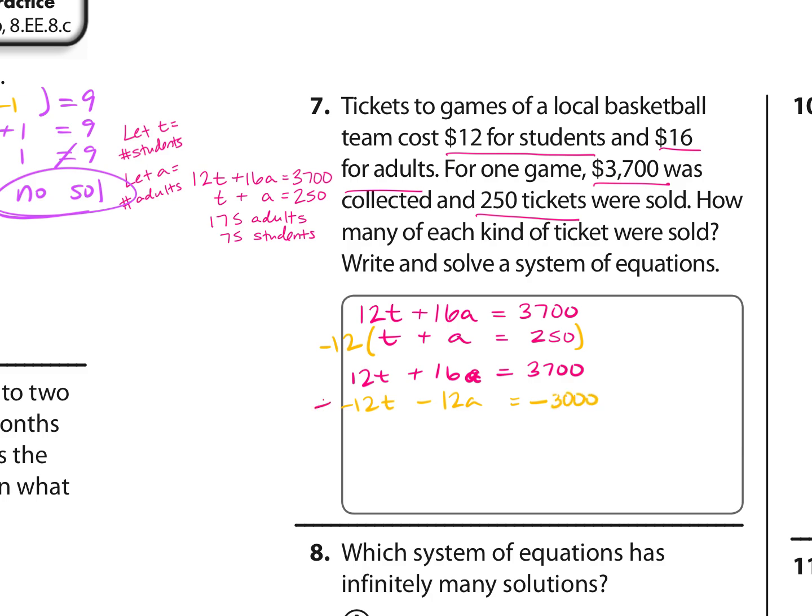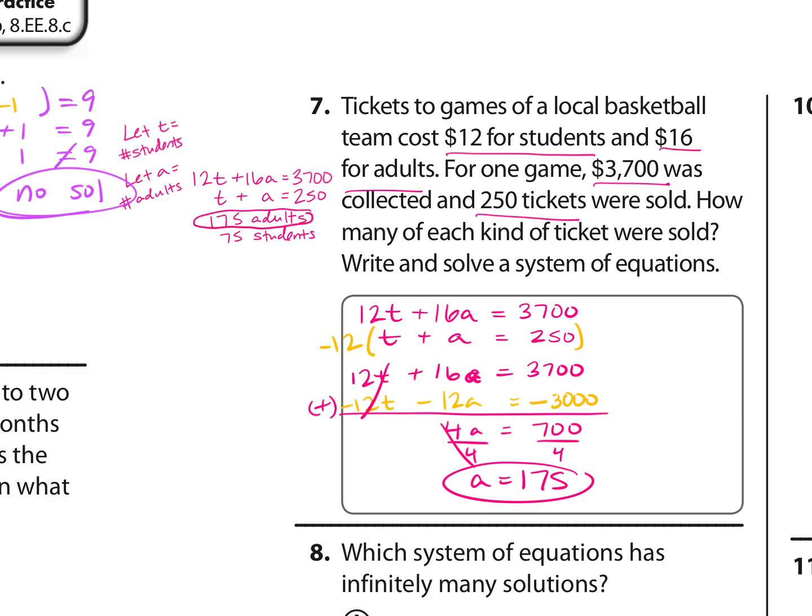And when we add these two equations together, we eliminate the T's, and we get 4A is equal to 700. Divide both sides by 4, and we get A is 175. So that's the number of adults, 175 adults.